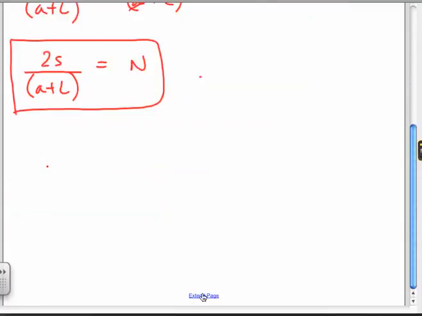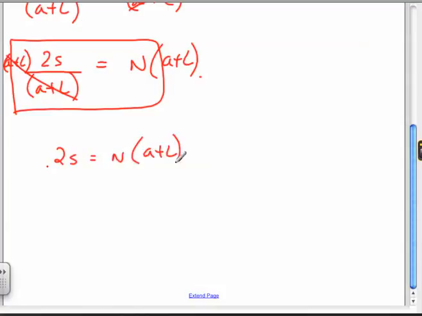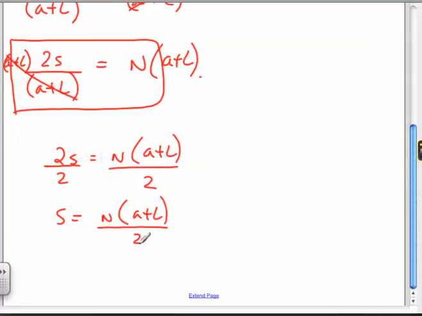Okay, well, the first thing I'd want to do is multiply this by a plus L, right? So they'd cancel out. And this times a plus L. Correct? Okay, so this goes away. I get 2s is equal to n times a plus L. Like that. Now, I need to divide by 2. And I'm going to get s is equal to n times a plus L all over 2.